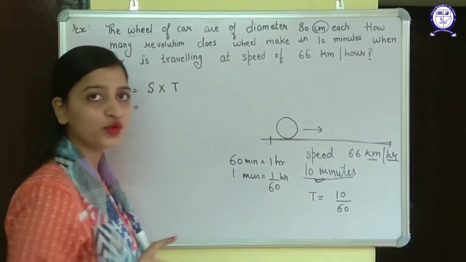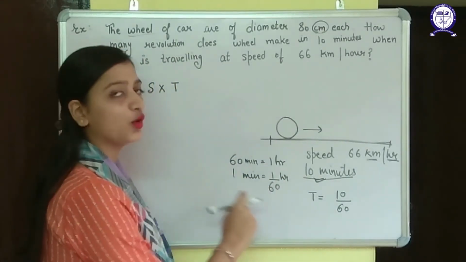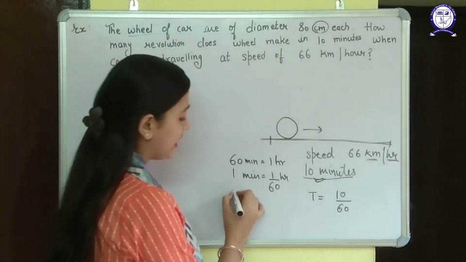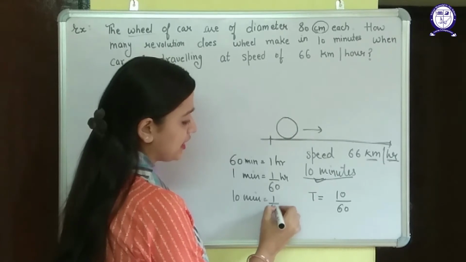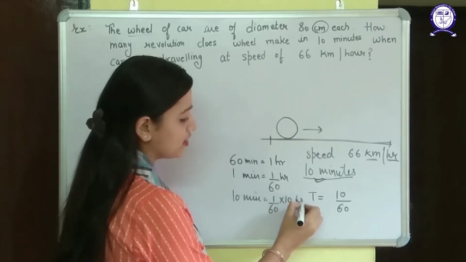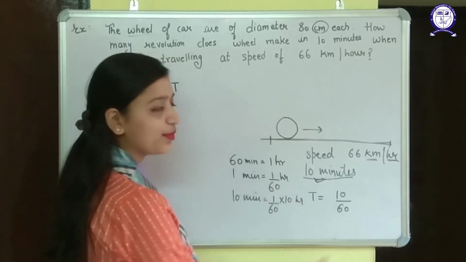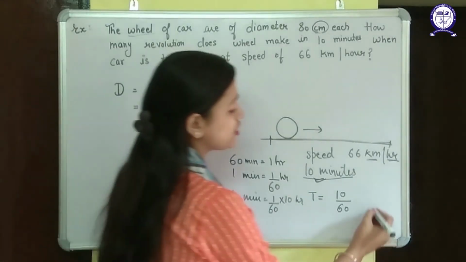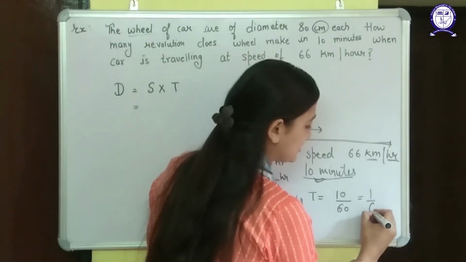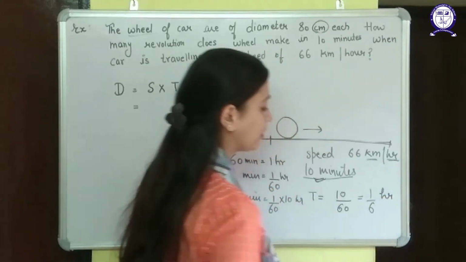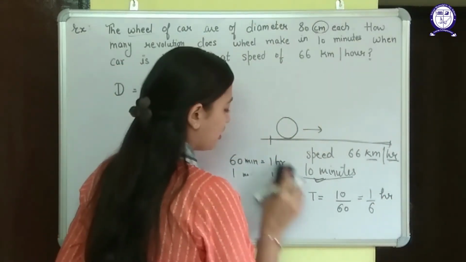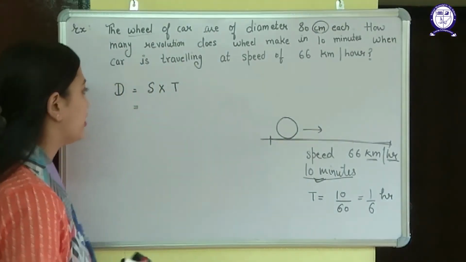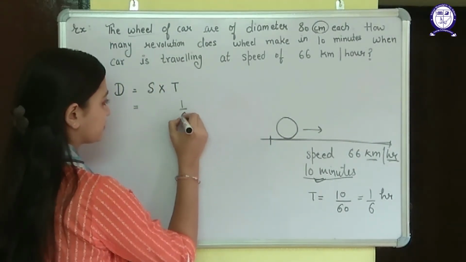That 60 will go in the denominator. Then 10 minutes will be 1 upon 60 into 10 hours. So 10 upon 60 will be the time, which is 1 upon 6 hour.